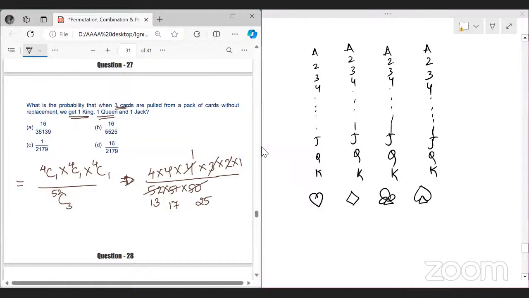So option B. You can't do anything more because 7 into 3 will be 1, and 5 will be 5. Only one option has 5 at the end. Correct. You should have 5 in the unit digit.